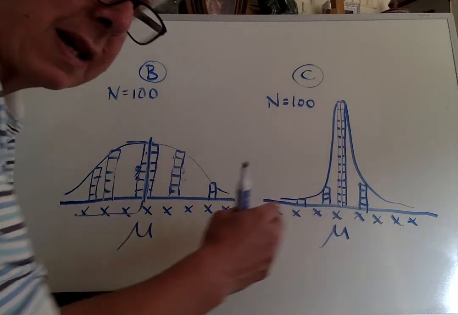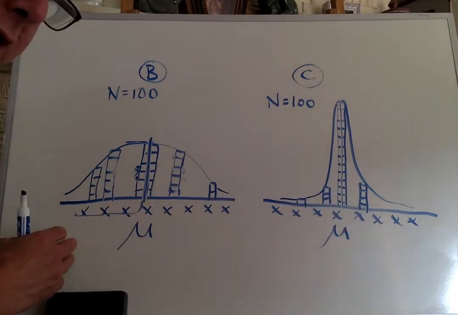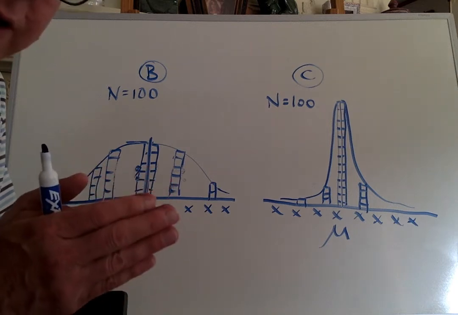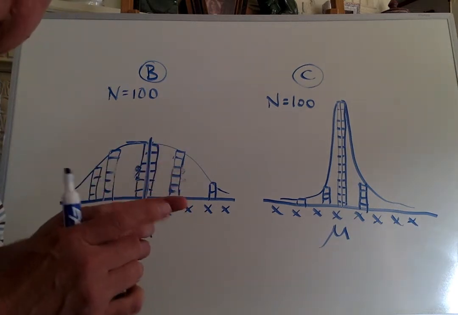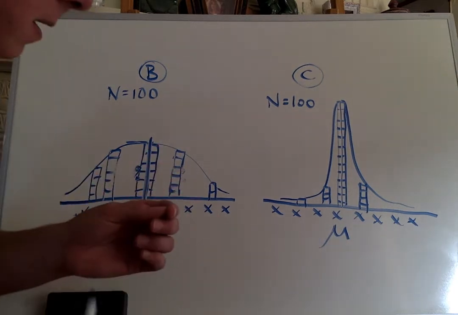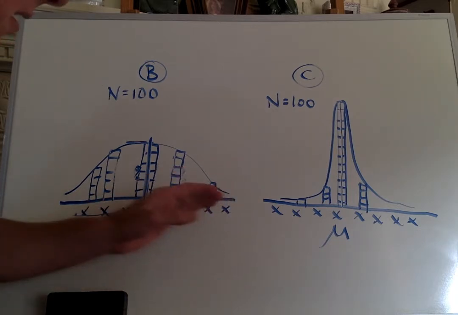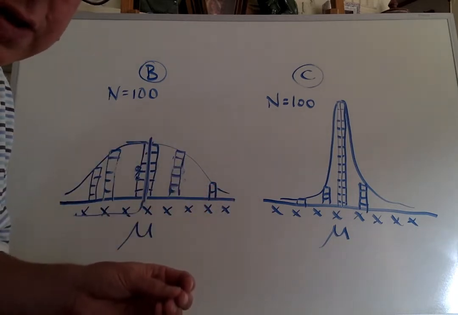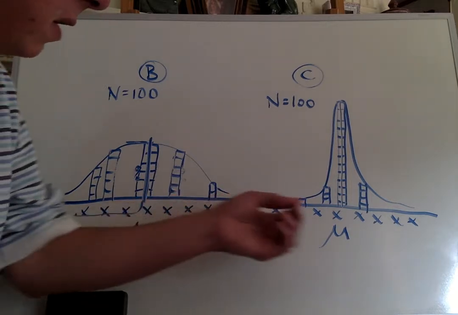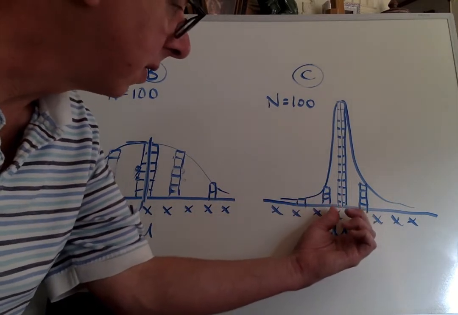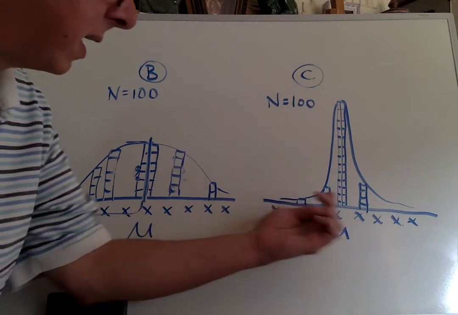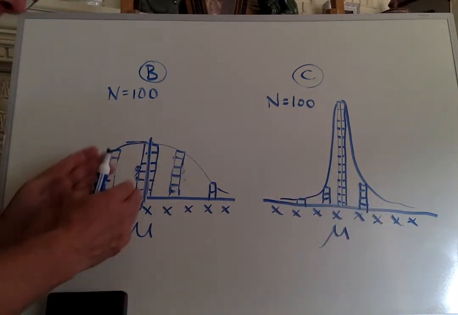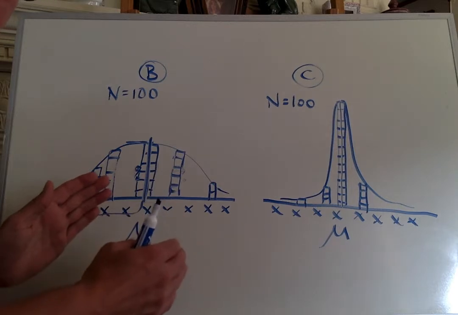Both go from 97 to 47. So we can't capture the difference here just looking at the range, but we can start looking at the distribution of the blocks within the range, and we see that there's a lot of boxes close to the mean here, not as many far away, not as many close to the mean, more far away. Okay?